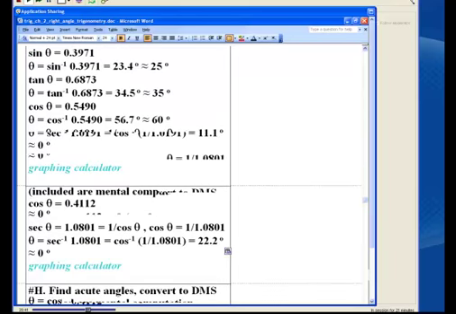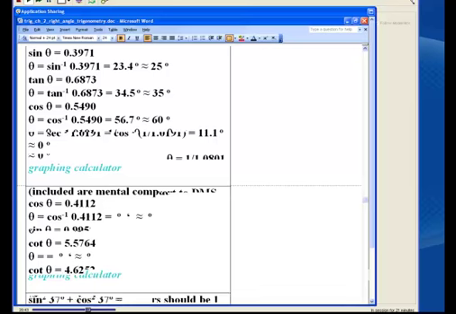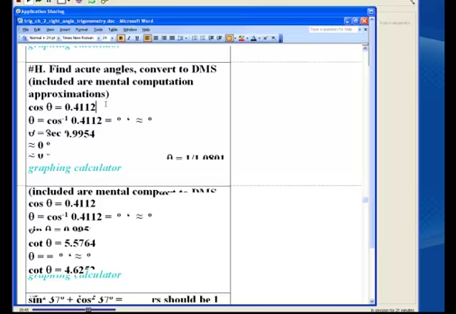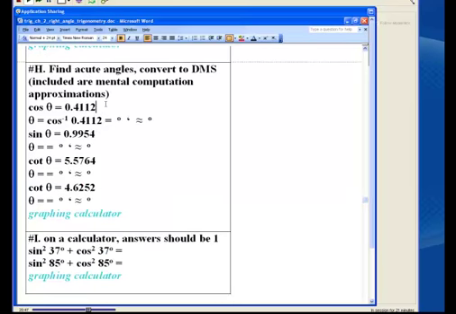Okay, let's go to the next one, which is basically the same, except that we're supposed to round them to the nearest minute as we write them down in degrees and minutes. So let's see, inverse cosine of 0.4112. That's going to be in the neighborhood of 60 degrees, a little bit more actually, 65, maybe 70 degrees.